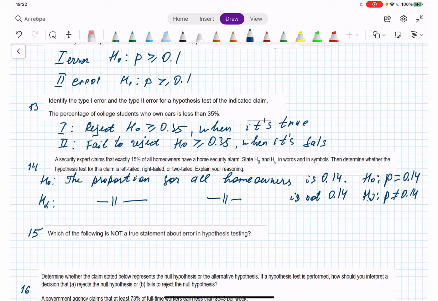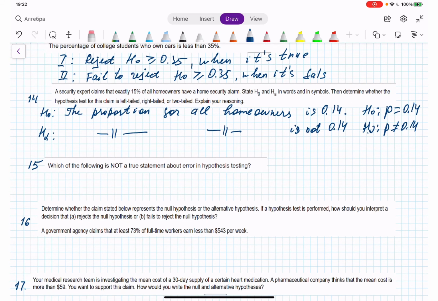Question number 15. Which of the following is not a true statement about error in hypothesis testing? Okay. We know one thing that is for sure.